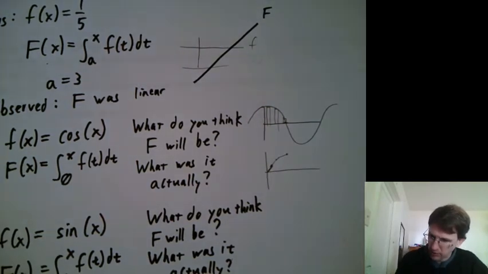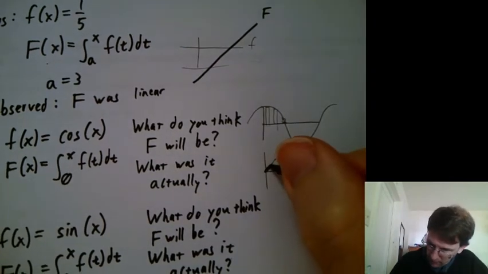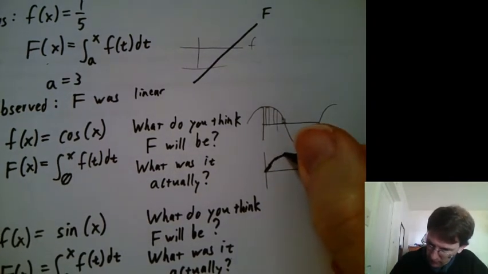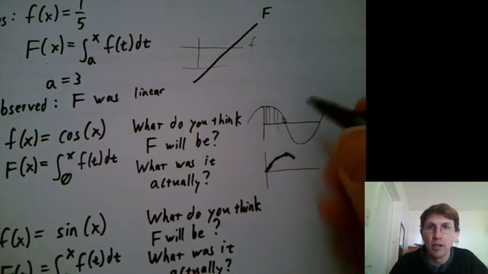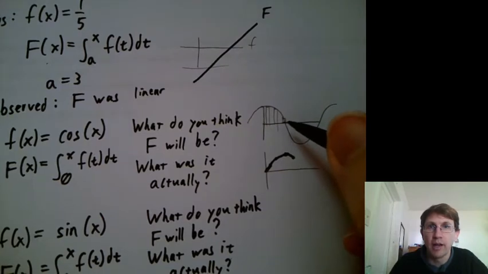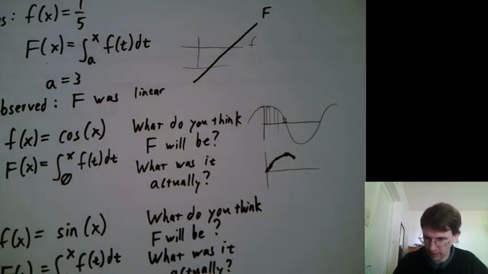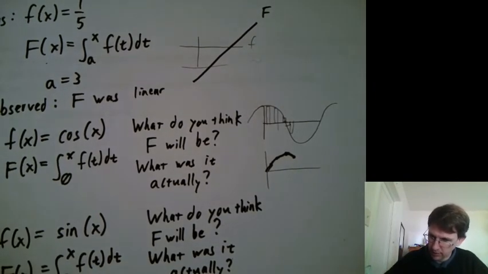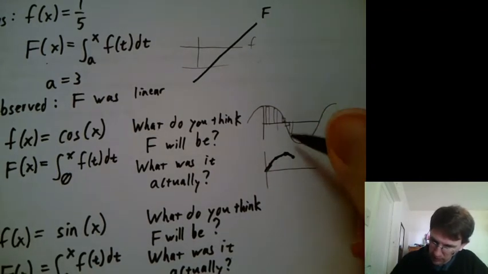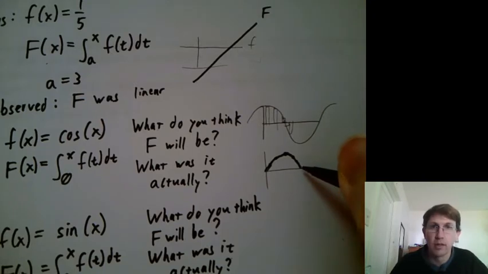So my antiderivative, I guess I should be drawing this differently, but my cumulative area so far is going to be here just flat, and then here I'm going to be adding a negative box, and then another negative box, so a negative height, positive width, and so this is going to be decreasing.